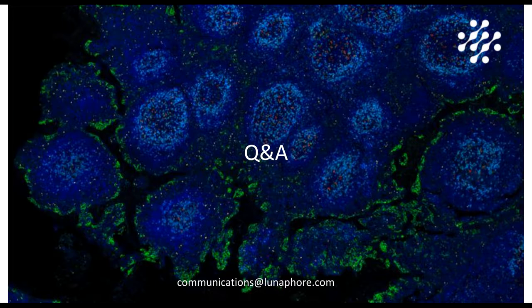So we use the Inform software for image analysis, and this software features many different applications for image analysis, ranging from spectral unmixing to split the raw image into different channels, to cell segmentation and cellular population classification. So the software has a whole image analysis pipeline that you can use to interpret your results.